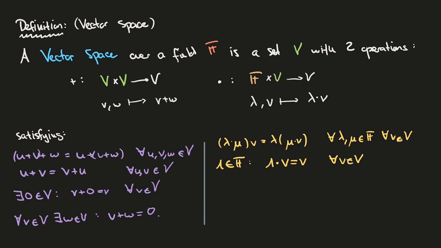Now the last axioms that we'll list will ensure that the addition and the scalar multiplication interact nicely together. And this will be the distributive properties.